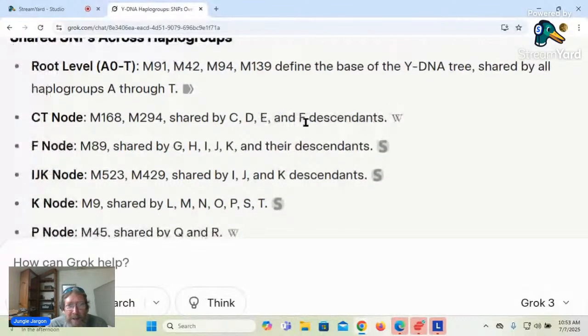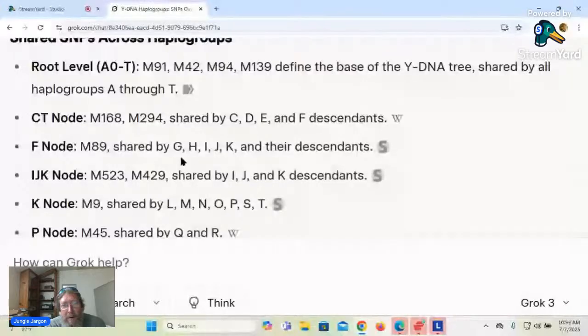So instead of having FGHIJK and there's another marker, and HIJK is another marker, K is another marker, they're really only defined by this one SNP marker, M89, even though it's labeled FGHIJK, GHIJK, and HIJK.